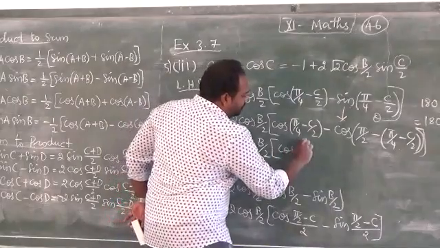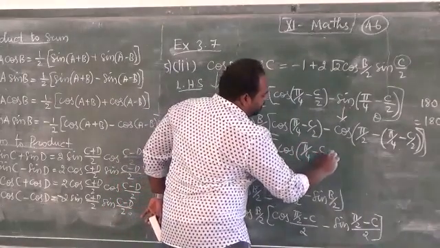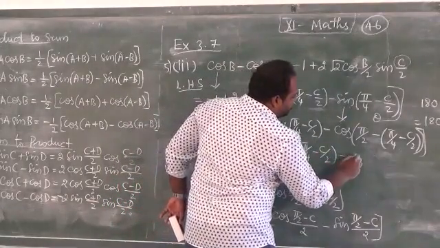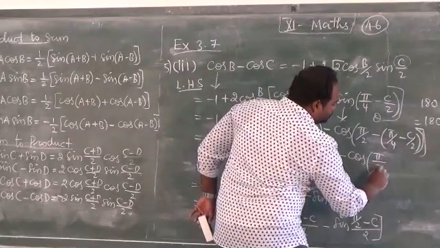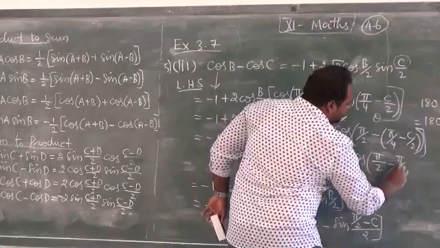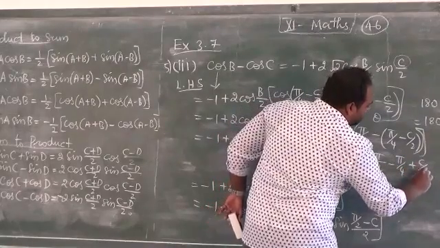cos of pi by 4 minus C by 2 minus cos of, multiply inside, pi by 2 minus pi by 4 plus C by 2.